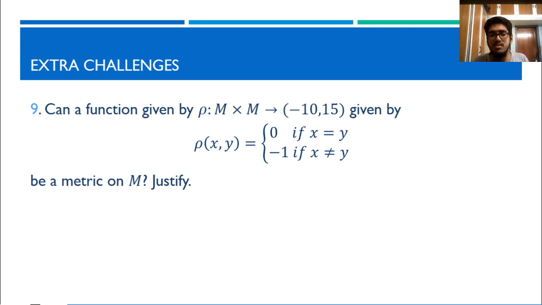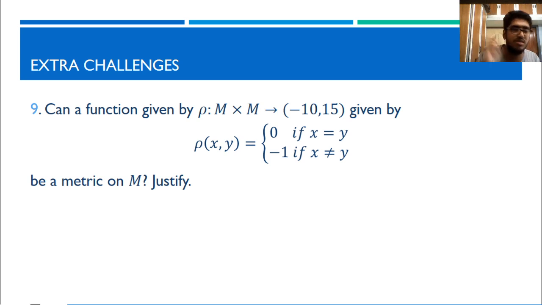Yes, -1 doesn't belong to any subset of the closed interval 0 comma infinity. Karpagam, you're right. Mahesh, you're right. Praveen, yes, the range should be a subset of the closed interval 0 comma infinity. Yes, you're all right.